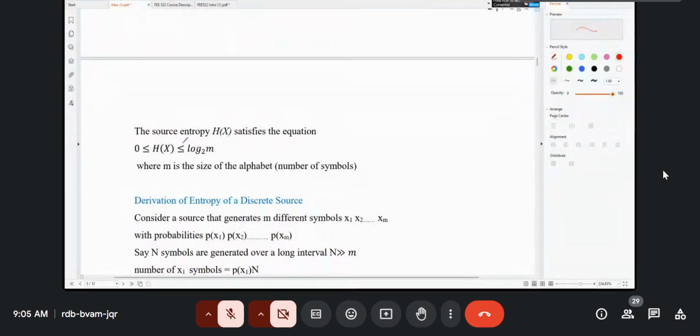If you calculate entropy and you have 8 symbols and your entropy comes to 4.5, then you know your answer is wrong. You get 3.1, you know the answer is wrong. The entropy should always be less than or equal to log2 of the number of symbols, the size of the alphabet.